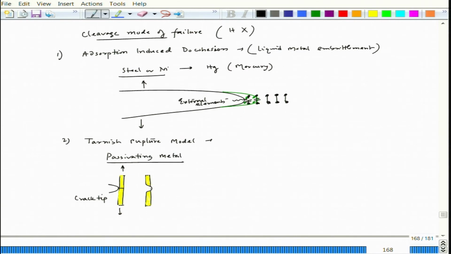So, this is the crack which has gone in, and since it is a highly passivating metal, immediately it passivates this portion. Now, the second time, that crack again moves in. So, this is passivating. And the crack again moves in.